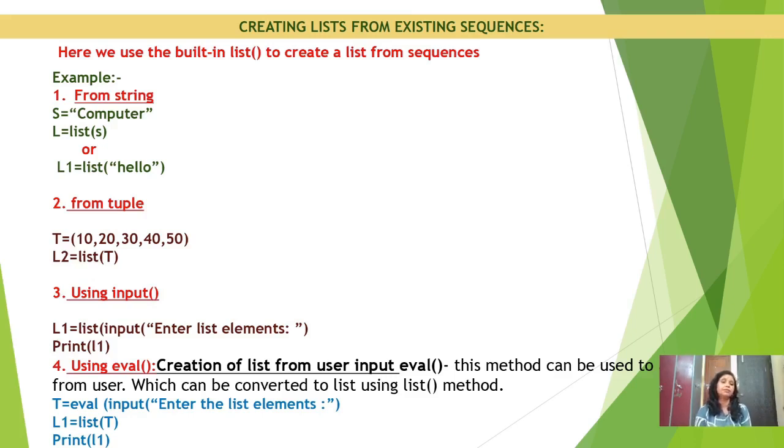So from a string you can create a list, from a tuple you can create a list, using the input function we can create a list, but here the list method we have to use. And fourth is using the eval function. The eval function is used for creation of a list from user input, and this method can be used to accept a tuple from the user which can be converted to a list using the list method.